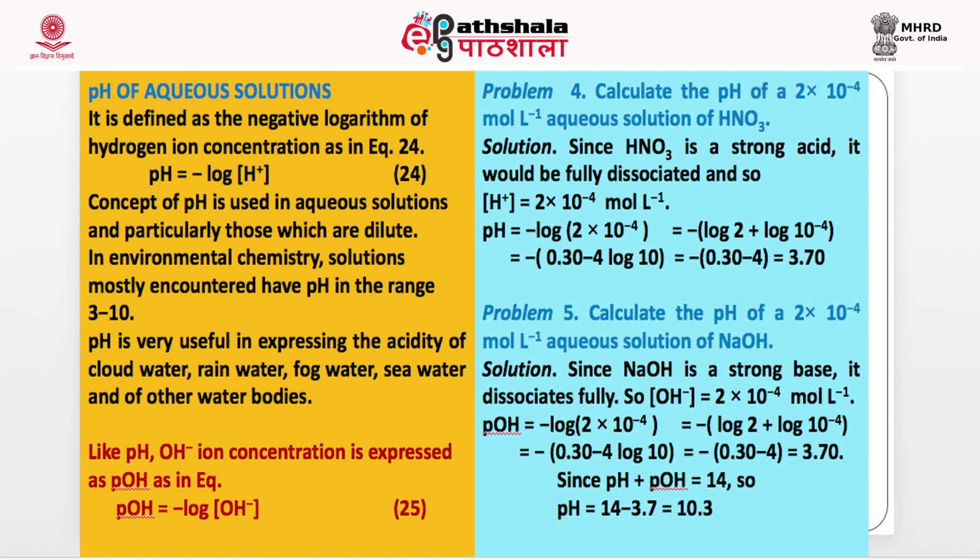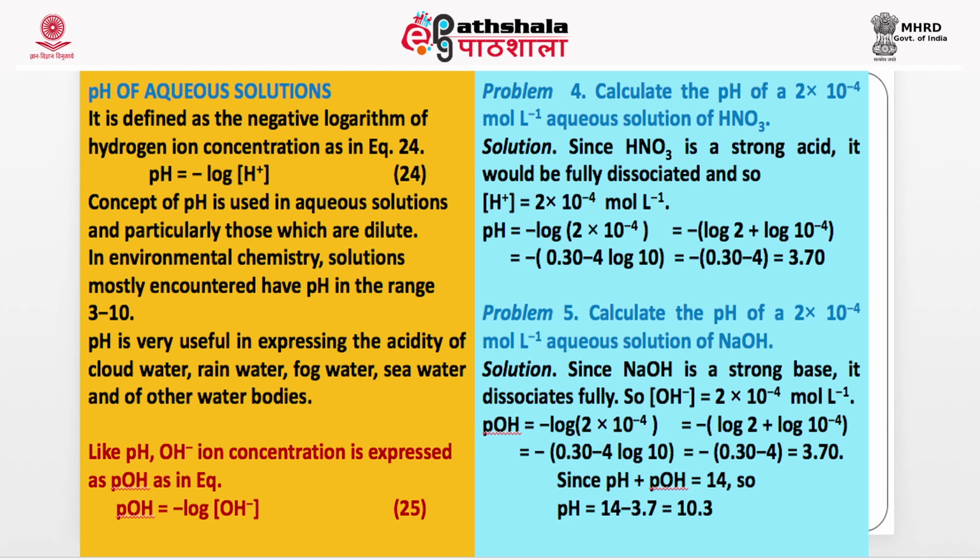It will fully dissociate. So what will happen? 1 HNO3 gives 1 hydrogen. It means 2 into 10 to the power minus 4 mole per liter HNO3 will give 2 into 10 to the power minus 4 mole per liter hydrogens. So pH equal to, by definition, minus log of this. We solve it and get an answer of 3.7.